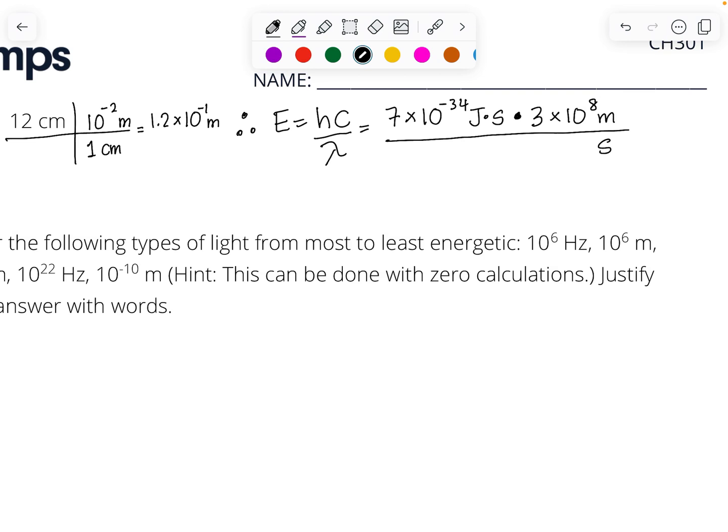And then our wavelength that we just converted from centimeters to meters, 1.2 times 10 to the negative 1 meters, goes in the bottom. Again, if we look at our units, meters on the top, meters on the bottom, seconds on the top, seconds on the bottom, all we have is joules left. That's what we're solving for, energy. So we know we're on the right track.